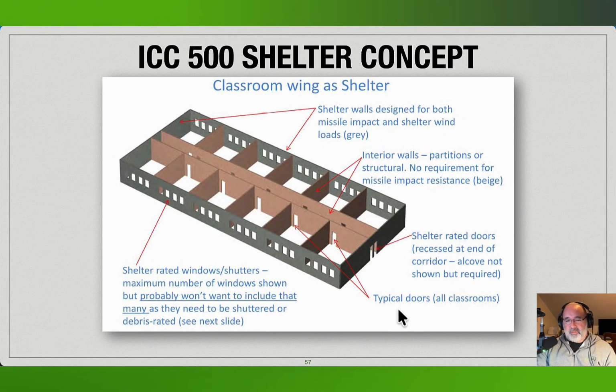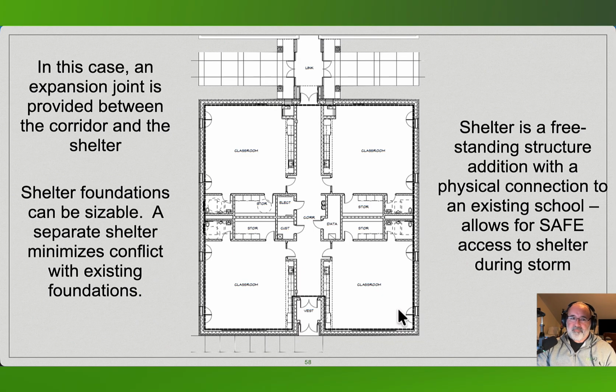We have to have doors and windows that are rated, and then connections for those doors and windows as they attach to the wall elements they're within. Or, in this case, an expansion joint is provided between the corridor and the shelter.